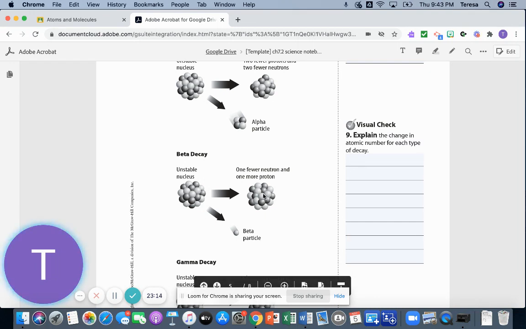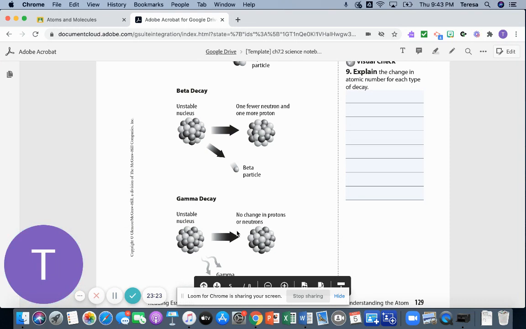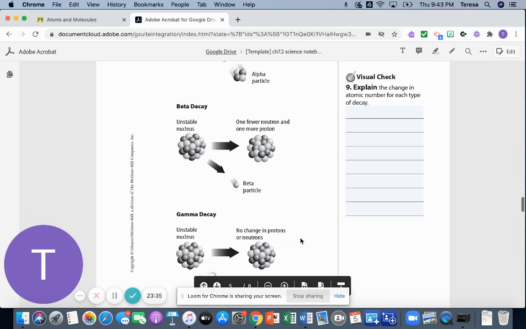We end up with a beta particle being released, and we're adding a proton to our atom. Then we've got gamma decay. In gamma decay, the nucleus is unstable, but the number of protons and neutrons won't change. Gamma rays are just being emitted by the nucleus.